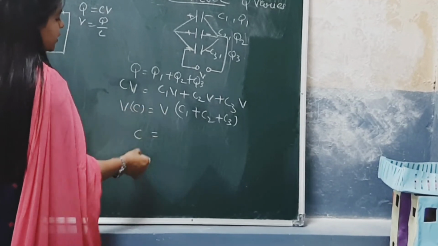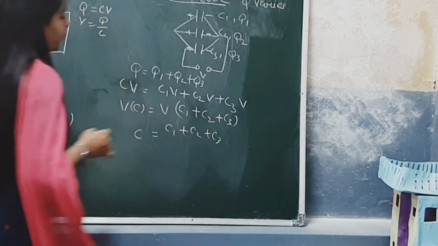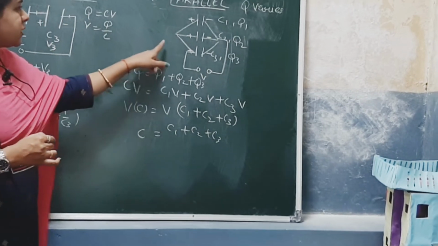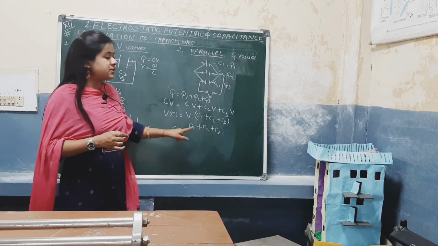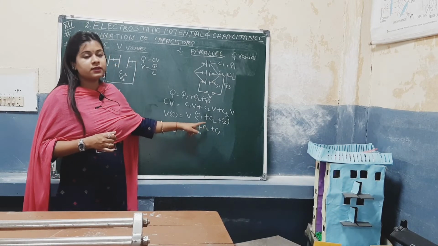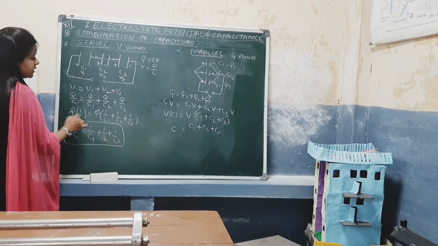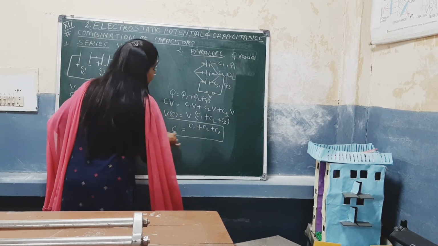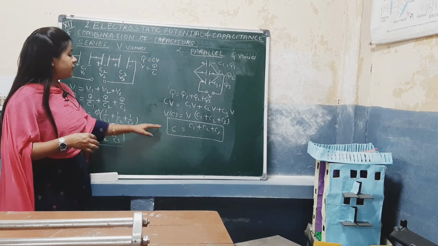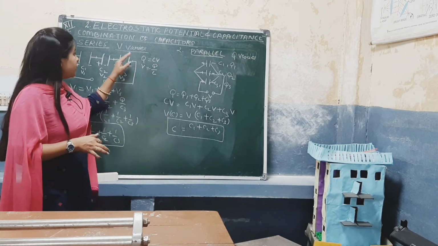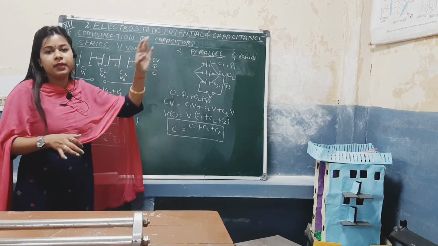Cancelling out the potential from both sides, we get the final result: the total capacitance of a parallel combination is the sum of all the capacitances of the capacitors that are joined together. So you can utilize these formulas to find out the total or net capacitance of various combinations of capacitors, be it series combination or parallel combination.